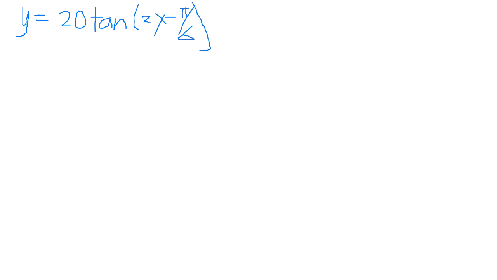So amplitude, please, it's very important for you to listen to. A tan graph is very different from a cos and a sine graph. The first difference that you can see is that a tan graph does not have an amplitude.